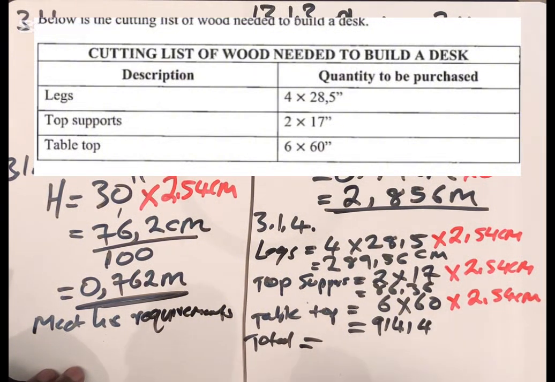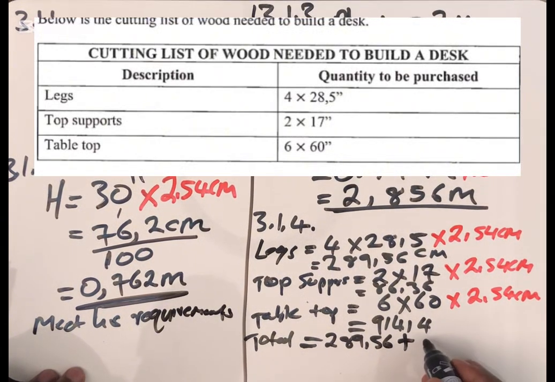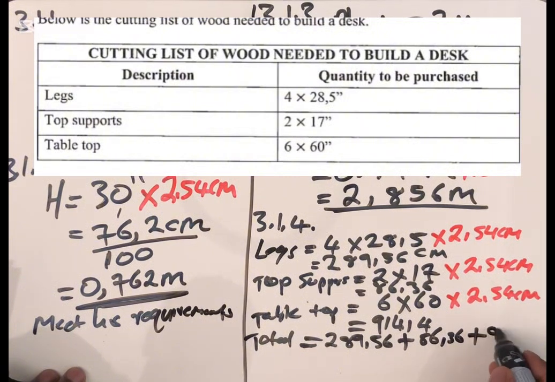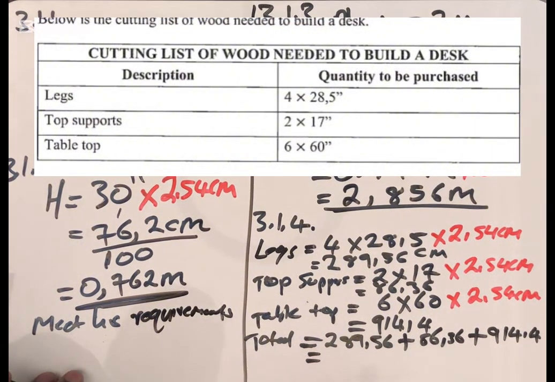Then for the total, we are going to add all these things, which is 289.56 plus 86.36 plus 914.4. You should not forget, everything here is in centimeters.